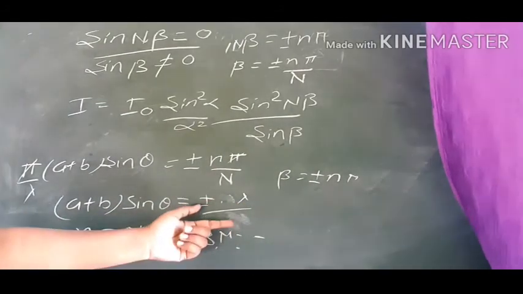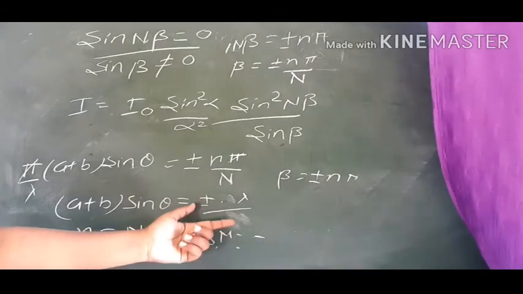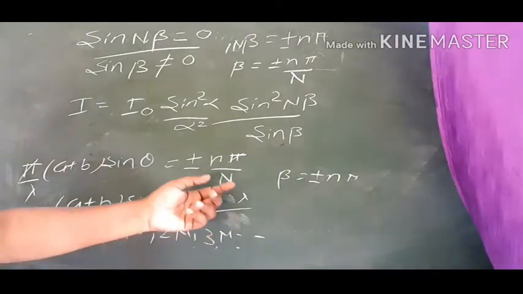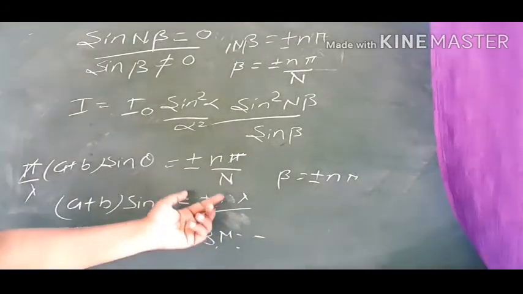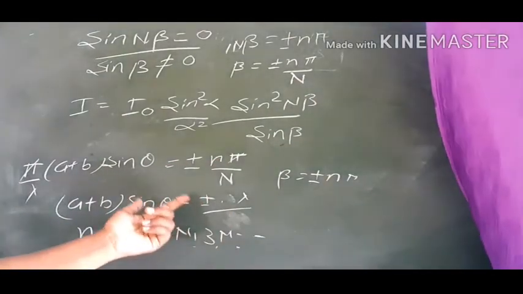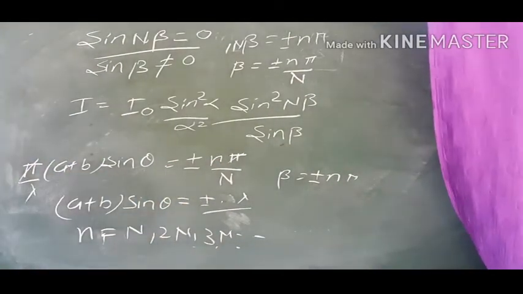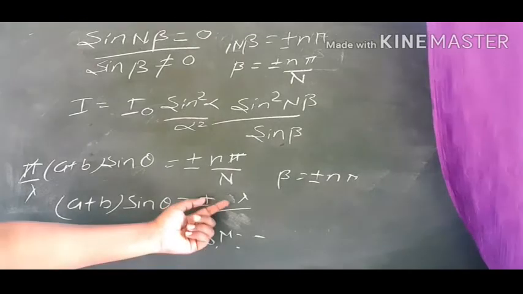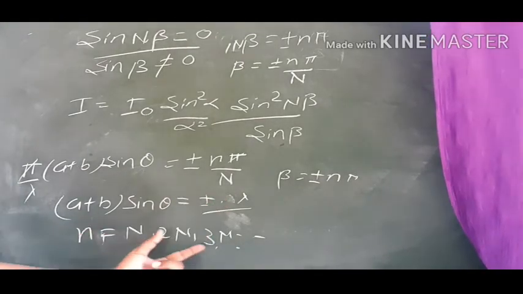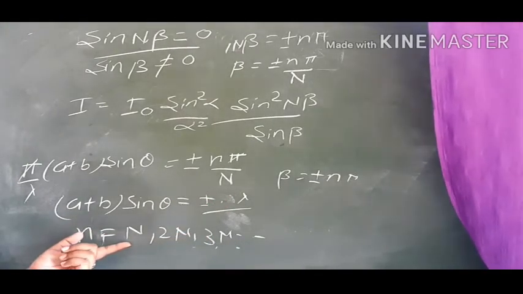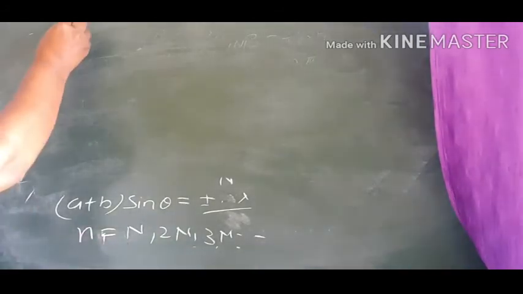Here the same condition is not applicable for minima and maxima simultaneously. So in this case small n cannot be equal to this. Suppose capital N is equal to 3.